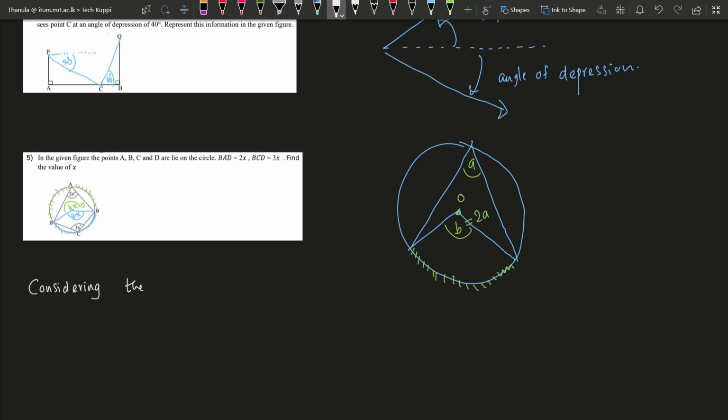Considering the arc or the line segment of BD, right? BOD is equal to 2 times BAD, right?